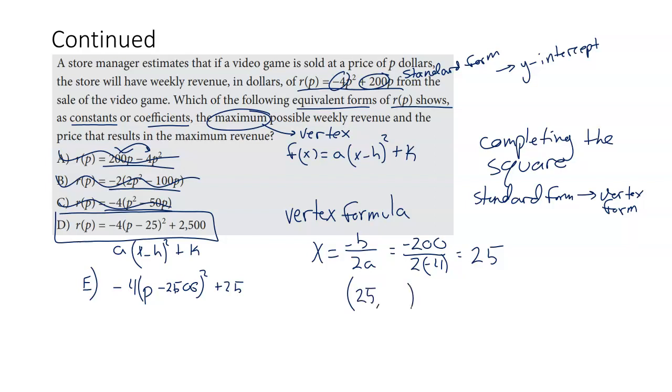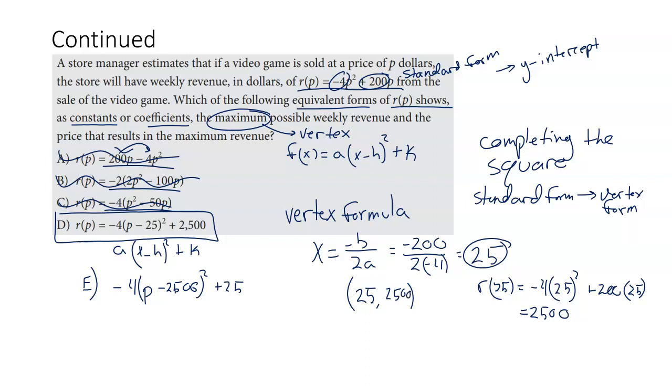The y value would be what we would get if we plug 25 back in to our equation. R of 25 equals negative 4 times 25 squared plus 200 times 25. We evaluate that, and that does give us 2500, which is the y value of the vertex.